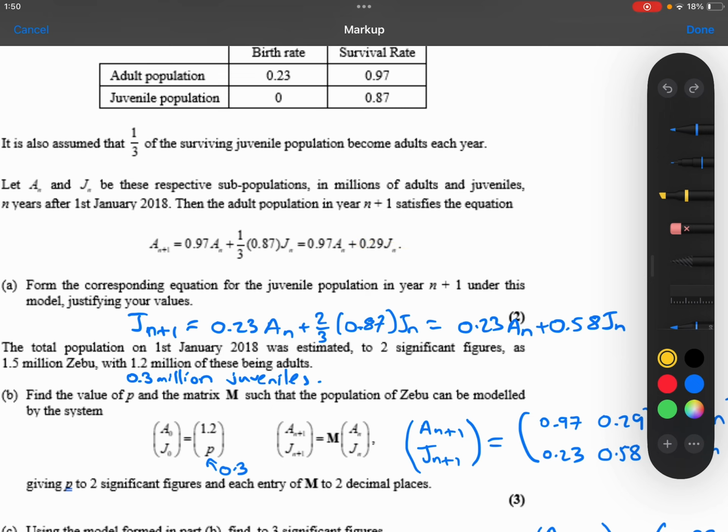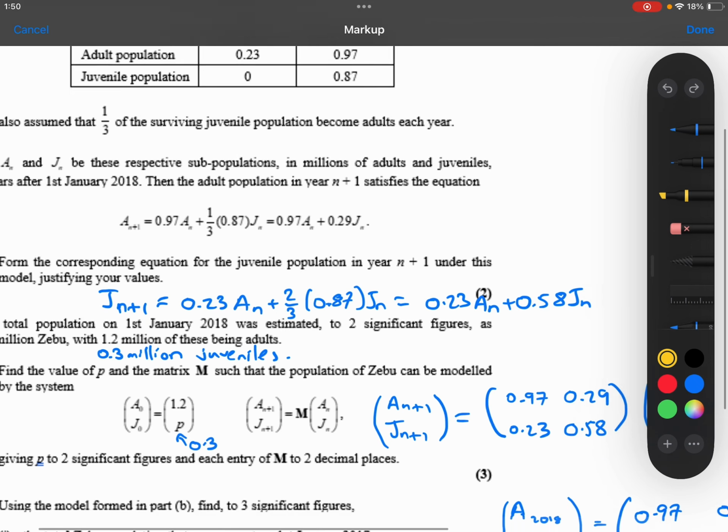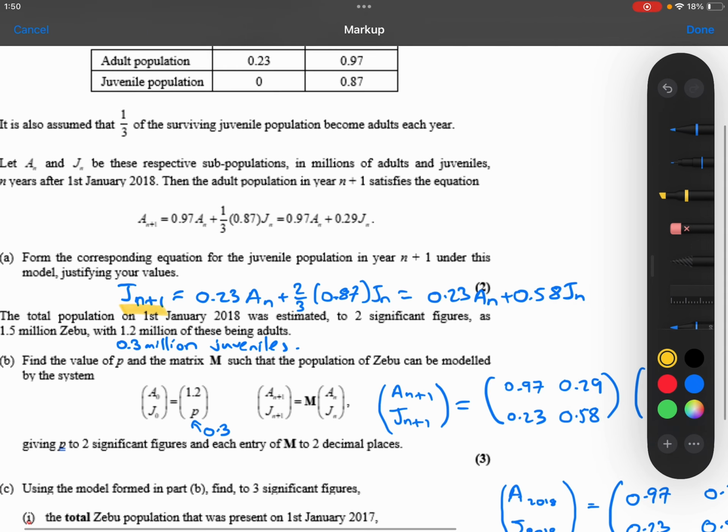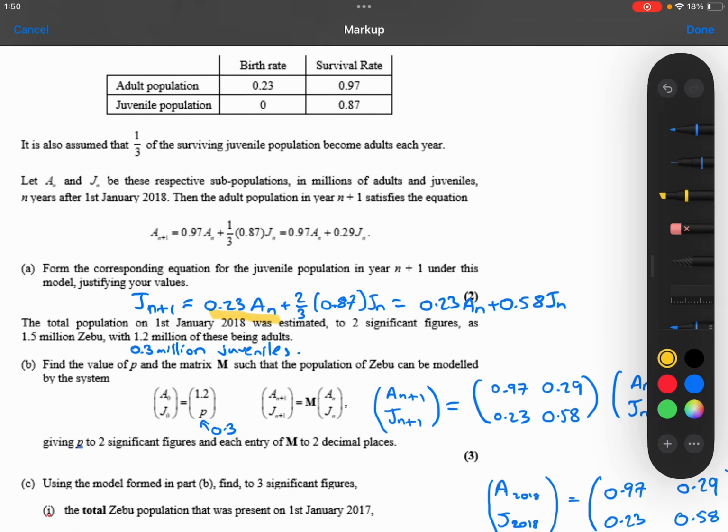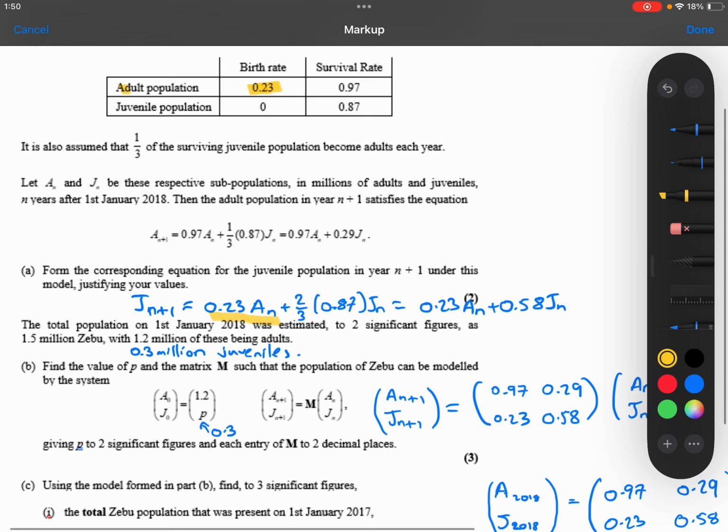We need to form the corresponding equation for the juvenile population in the year n+1 under this model. So what I've done here is I've said the juvenile population in the next year is equal to 23% of the adult population that gave birth. So 23% of the adult population created a child, created a juvenile.